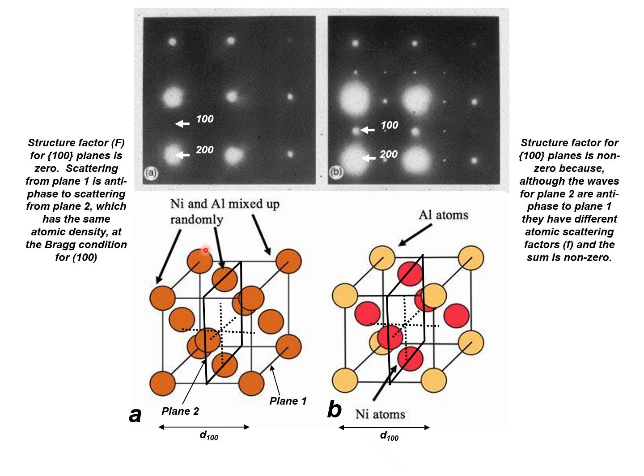So if we just had a uniform distribution of atoms, either they were all nickel atoms or the aluminum atoms were randomly distributed, there's no distinction between the density of the atoms on each successive plane here. This would be the 100, and this would be the 200 plane, and you get no contrast.